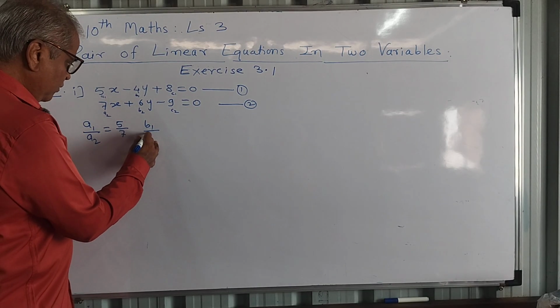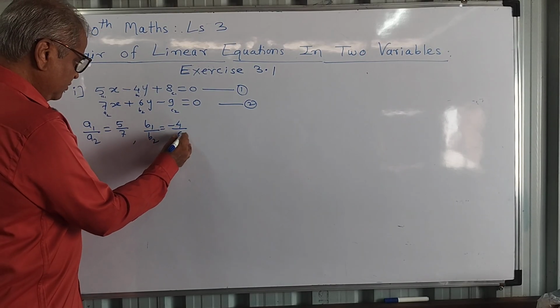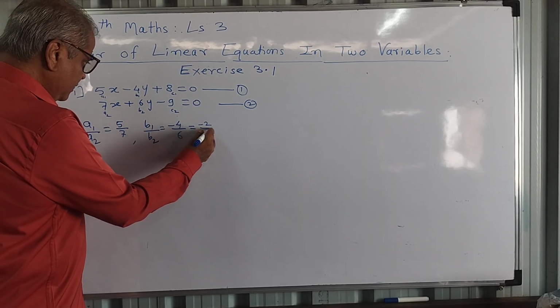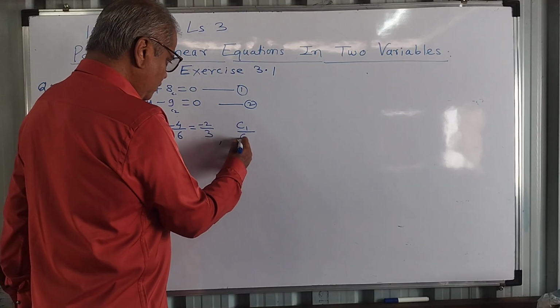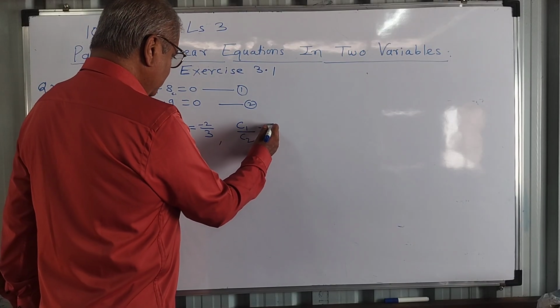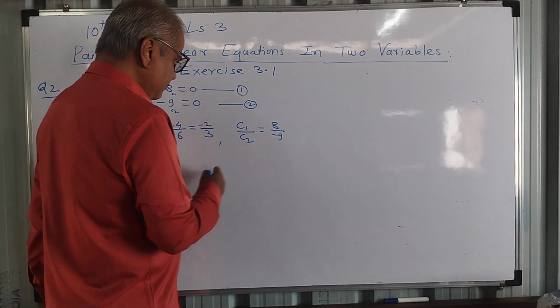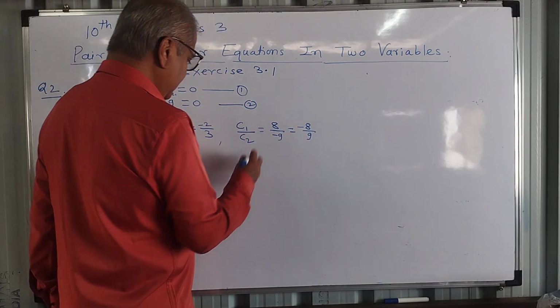B1 upon B2 is equals to minus 4 upon 6, which will be 2s, 3s, so minus 2 upon 3. And C1 upon C2 is equals to plus 8 upon minus 9, but the minus sign is always given to the numerator, so it will be minus 8 upon 9.